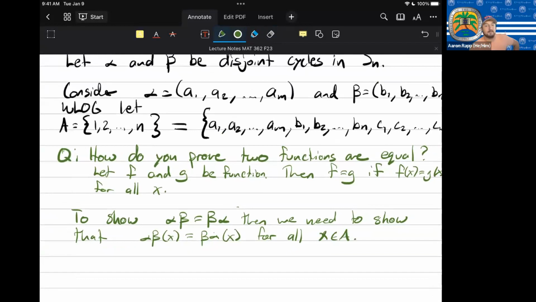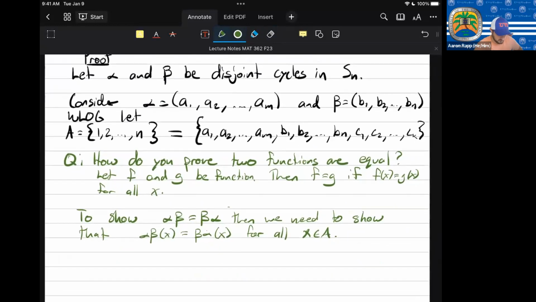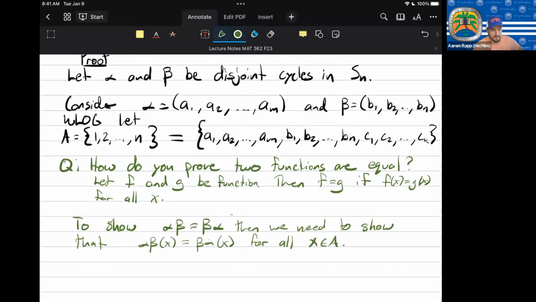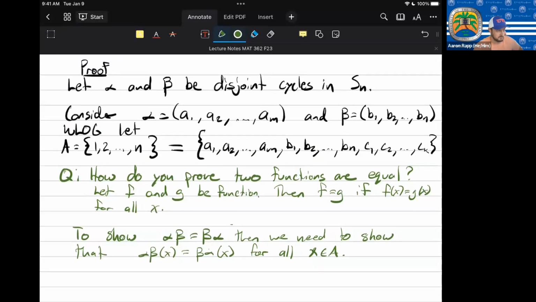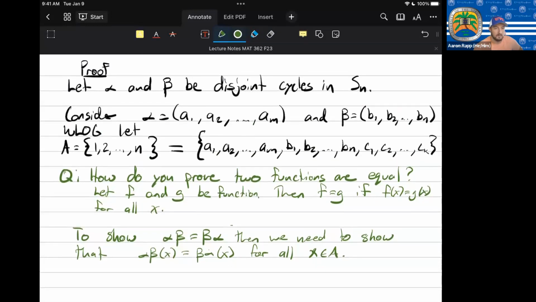And since I had to backtrack, I need to make sure that we are all on the same page. Permutations are acting on a set of finite elements. So they're functions that act upon a certain set.